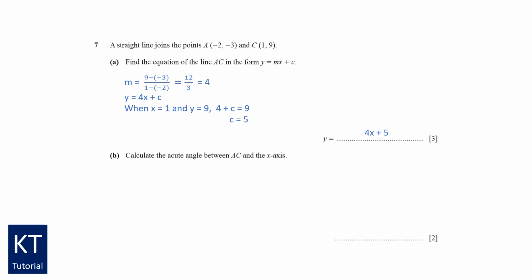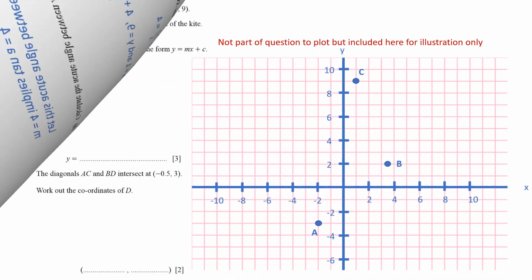By using information from the two given coordinates, y can be derived as 4x plus 5. Next, calculate the acute angle between AC and the x-axis. With m being 4, the tangent of this angle is also 4. By doing arctan of 4, we would arrive at this angle being 76 degrees.